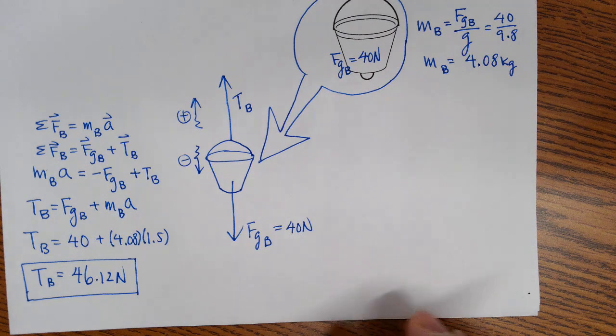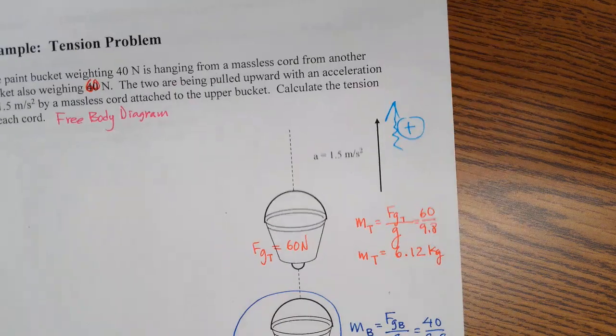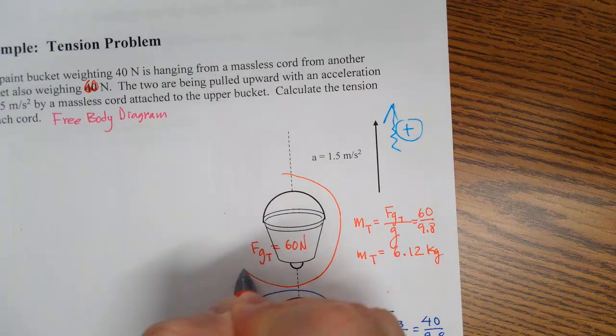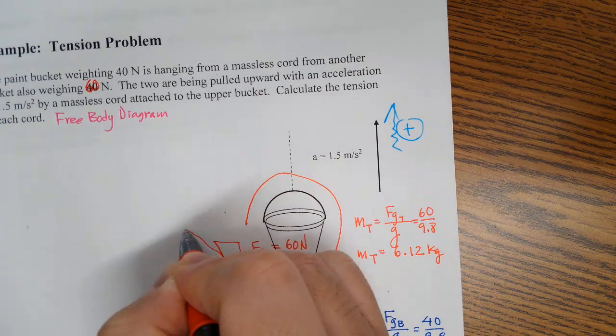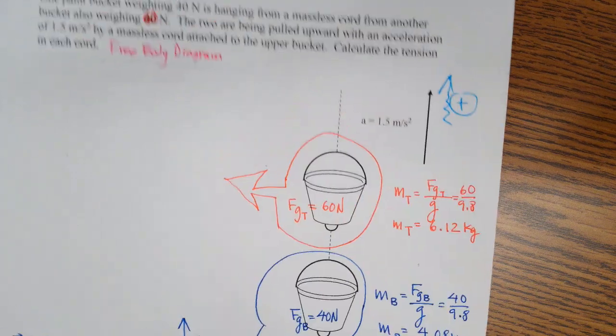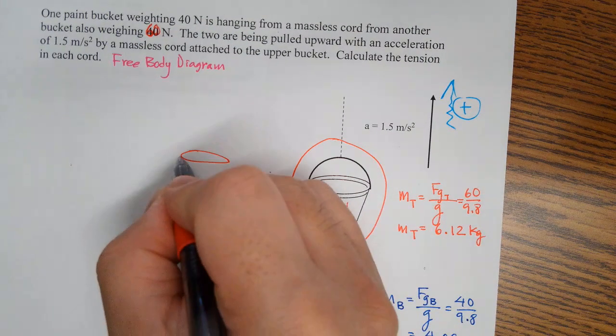All right. Now let's take a look at the top bucket. This top bucket here, if I were to isolate this top bucket and draw a free body diagram on it, right? Here's the top bucket.